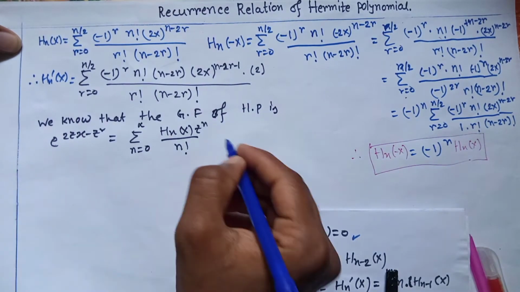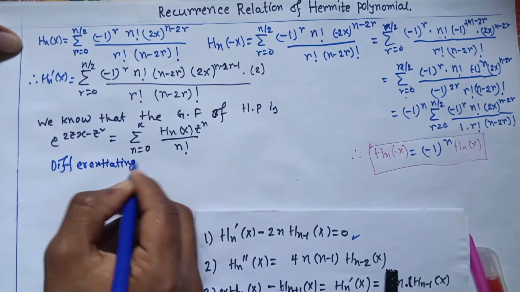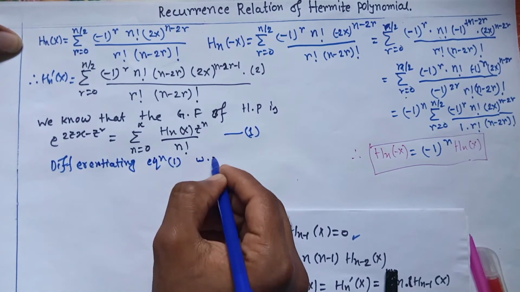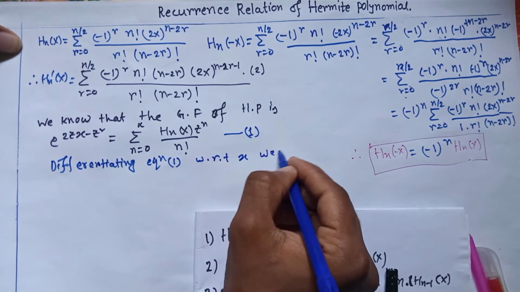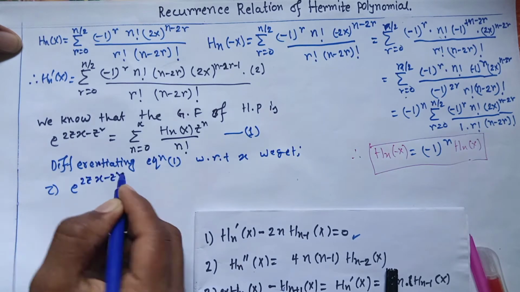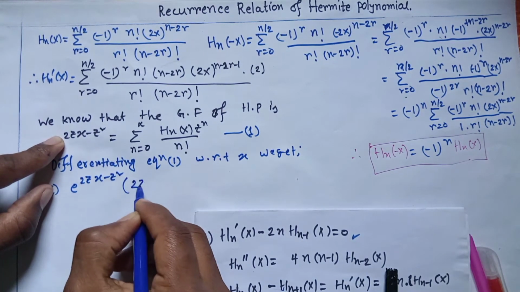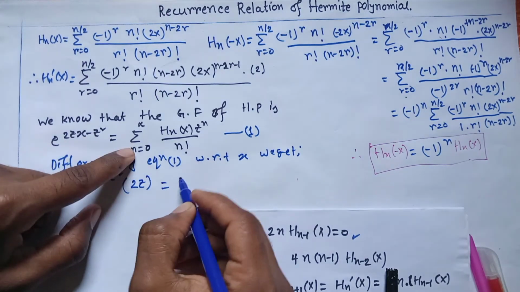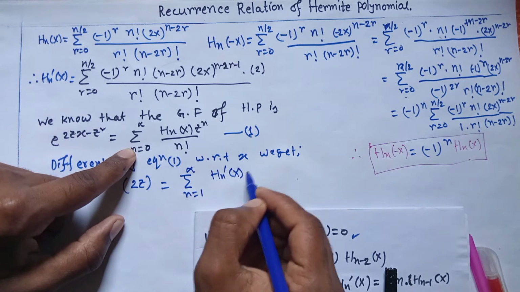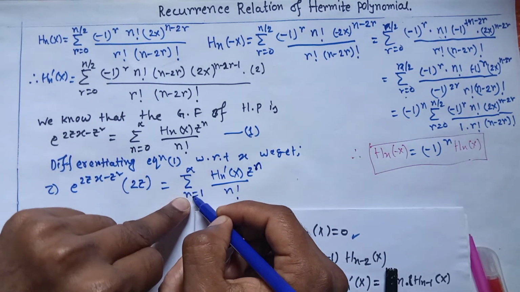This is equation 1. We take this, differentiating equation 1 with respect to x, we get e to the power 2zx minus z squared, and if we differentiate 2zx minus z squared, we get 2z, equals summation n equals 1 to infinity Hn dash of x z to the power n divided by factorial n, because we take n equals 1 to infinity.